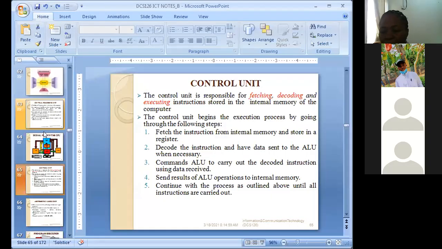Okay, let's go back to the screen. Please unmute yourself. Yes, I will unmute you. Unmute yourself so that there's no noise in the class. Who is that person?